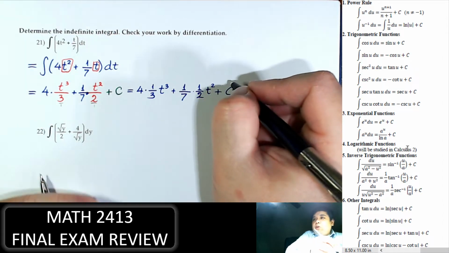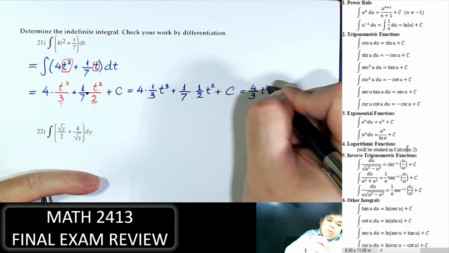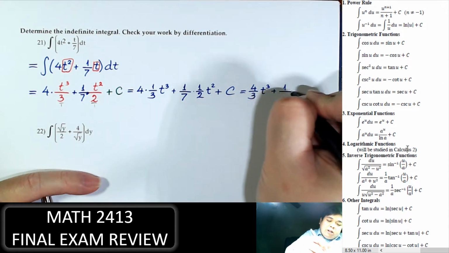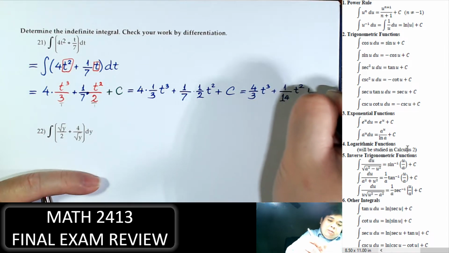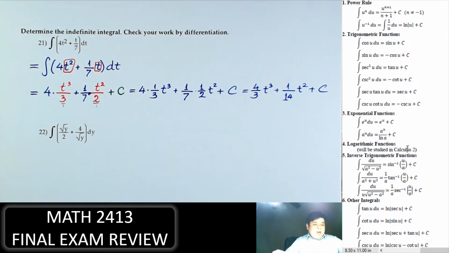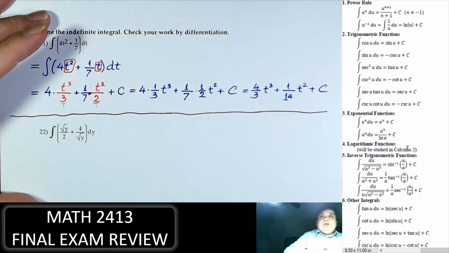So that gives us 4/3 t cubed plus 1/14 t square plus c. Right? So it's the power rule, to make sure we have powers, of course.